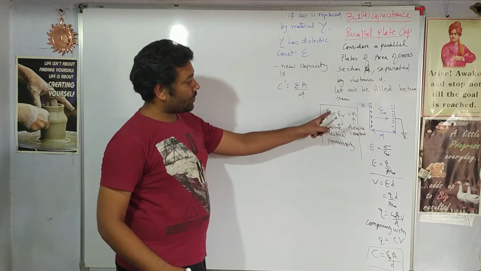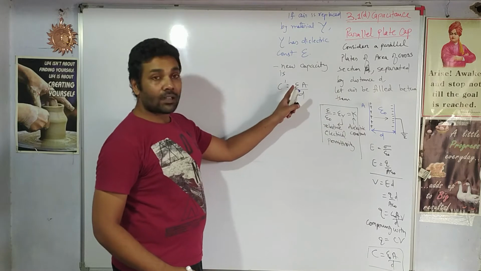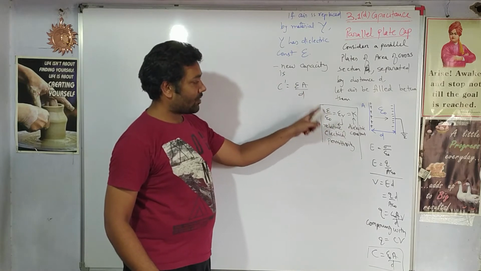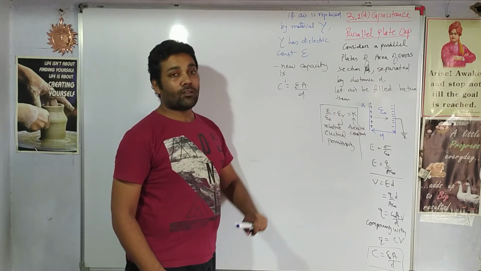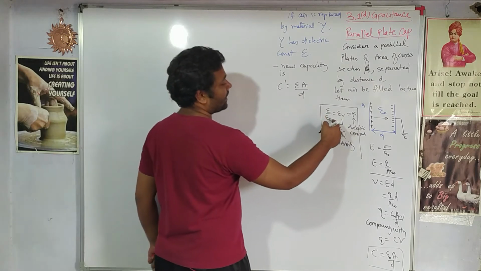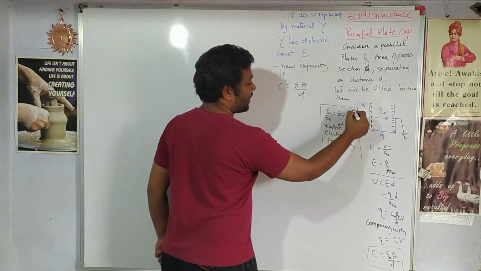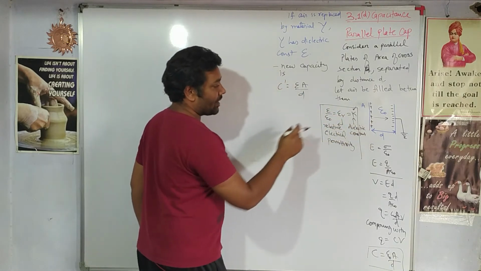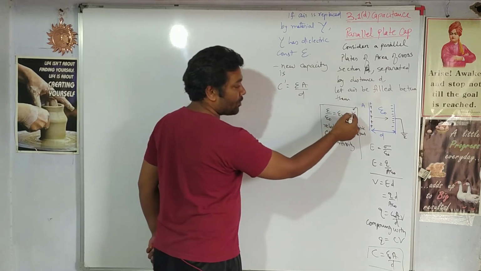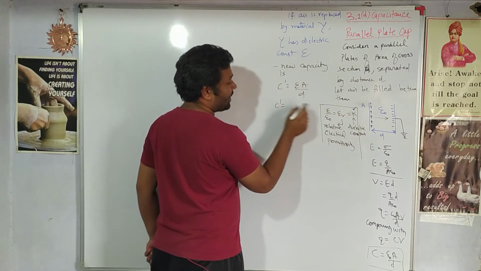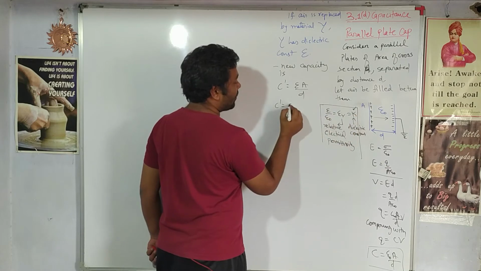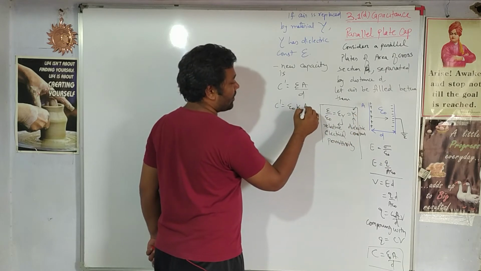So from this ratio I can replace the value of epsilon as epsilon naught epsilon r, or I can also write it as epsilon naught into k. I prefer to use k rather than epsilon r. So epsilon can be replaced as epsilon naught into k, right?